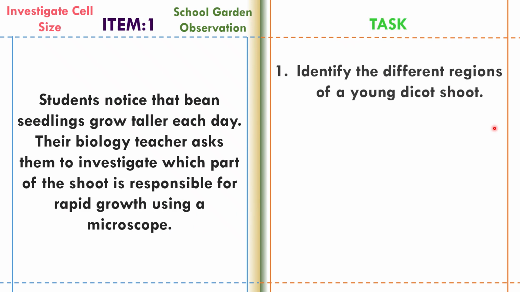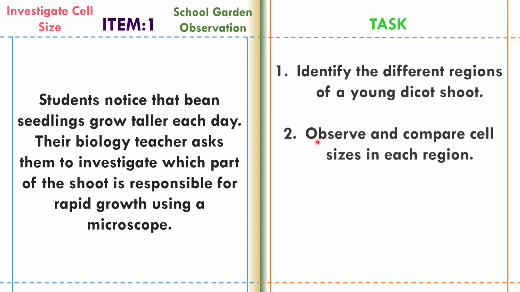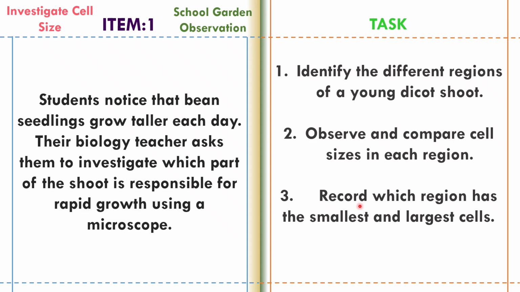Tasks: identify the different regions of a young dicot shoot; observe and compare cell size in each region; record which region has the smallest and largest cells.